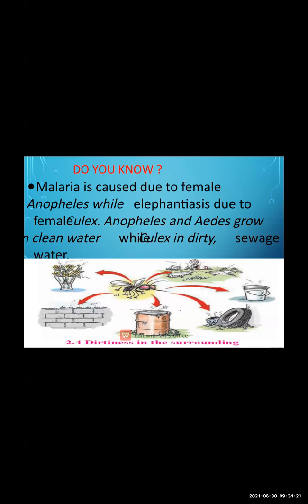If the female anopheles, which is a type of mosquito, bites, the person may suffer from malaria. And if the female culex bites the human, then the disease known as elephantiasis can be caused.